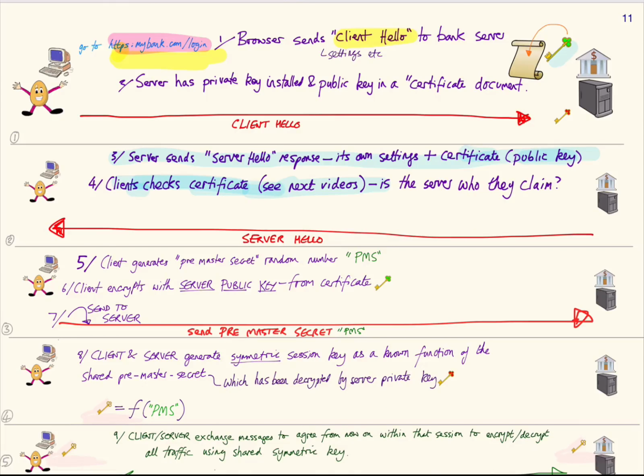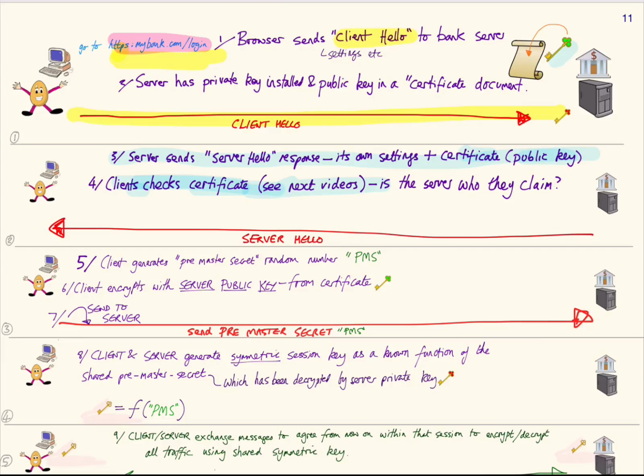So instead of sending ones and zeros over the internet in raw form, like in the very first slide, we're first going to agree some protocols, some rules on each side, so that we can send this data in scrambled format, right? That's called the client hello.